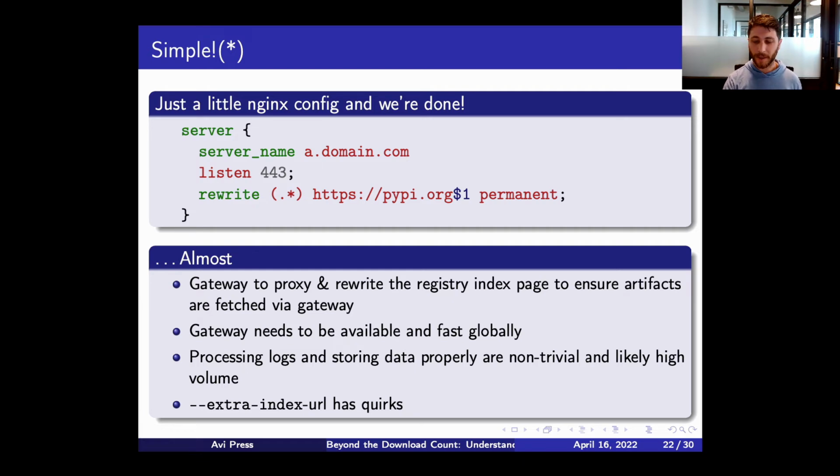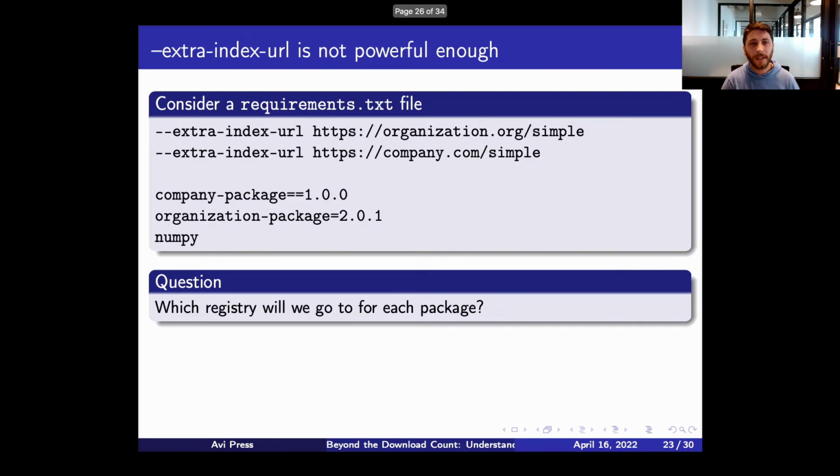The gateway needs to be fast, it needs to be available globally, and doing that is not trivial and is a lot more than just the business logic of the code you're writing. You then also have to process your logs and store data properly. That's not trivial to do. There's also a lot of volume. And then on the client side, there are some quirks, especially around extra index URL, which I'll get into.